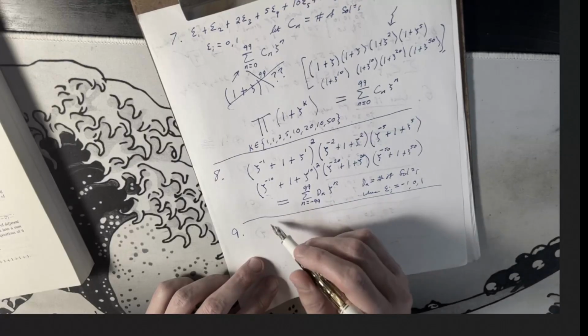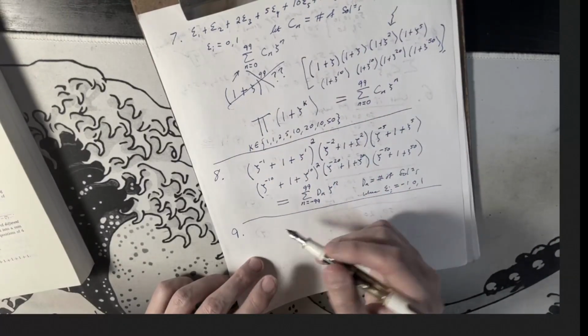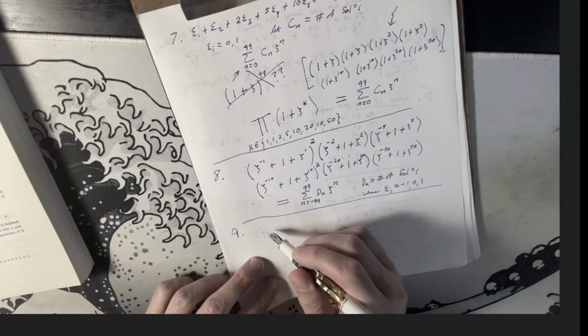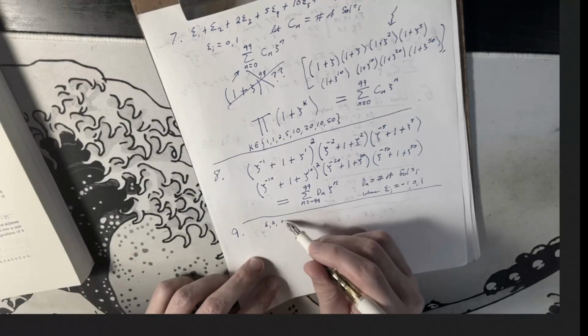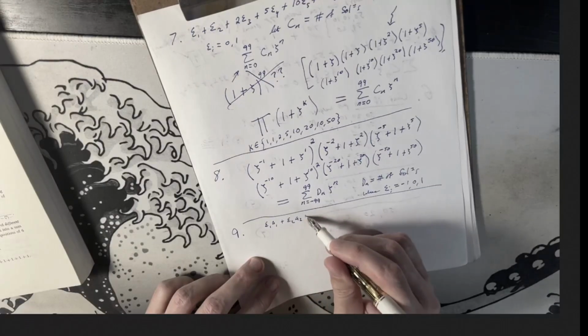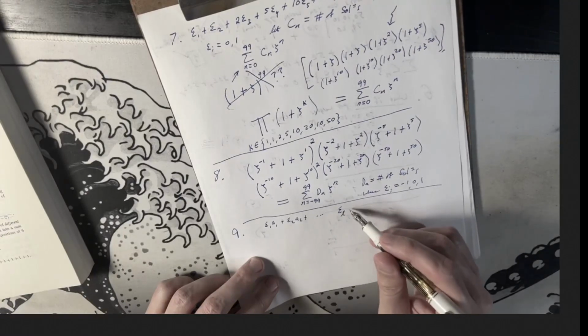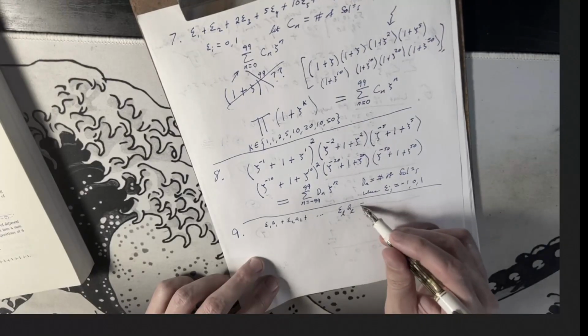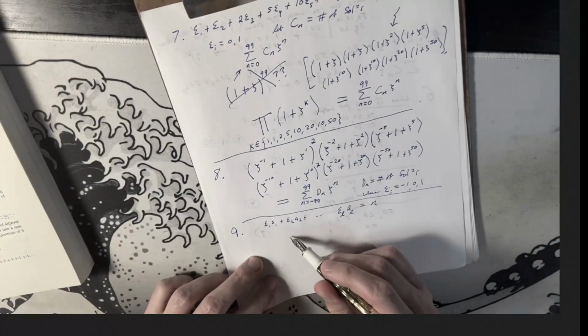Like, for 7 and 8, the ones we just talked about, all he's saying is we've got E1, A1, E2, A2, yada yada, EL, AL, and you just do the same thing.